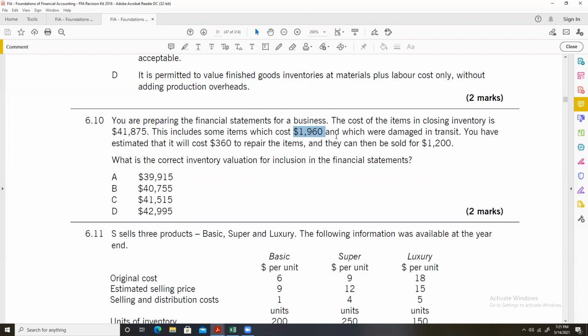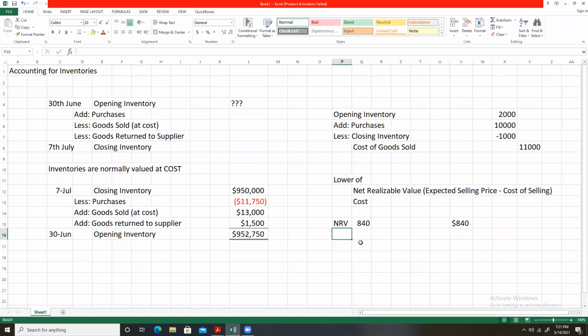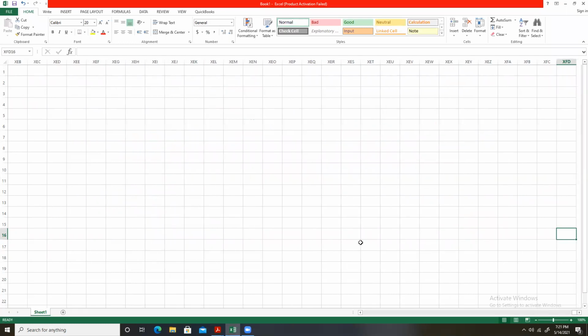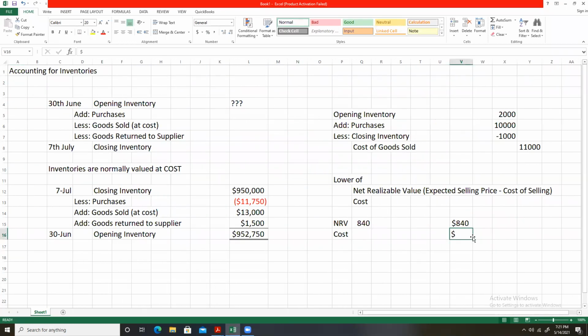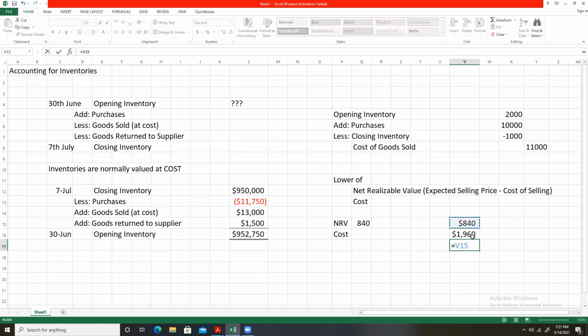Now, just take the difference of the two.